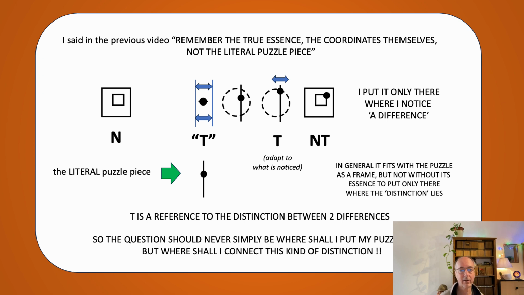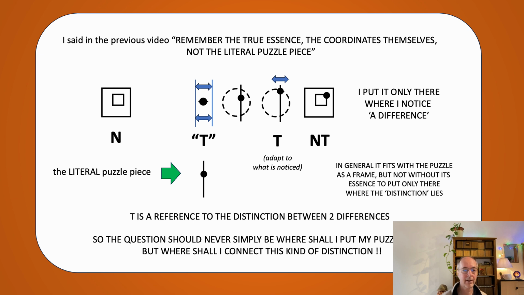If we put the T, or the distinction, between the two objects that are in it, we have the point of difference that we can point exactly in a point. So it is not using the frame, it's using the reference point of knowing where the distinction is.